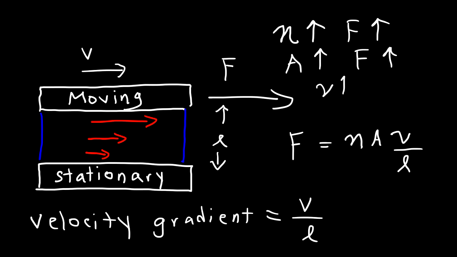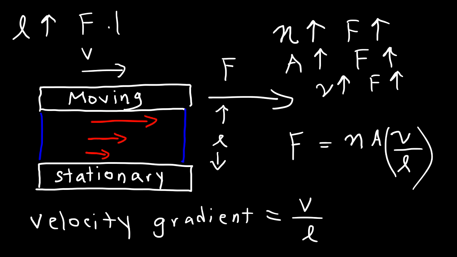So increase in the speed is proportional to the force required. And the force required is proportional to the velocity gradient. However, the force required is inversely related to the distance between the two plates. Notice that L is in the bottom of the equation. So if you increase the distance between the two plates, the required force will decrease.